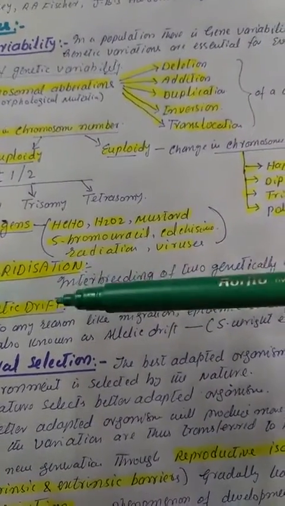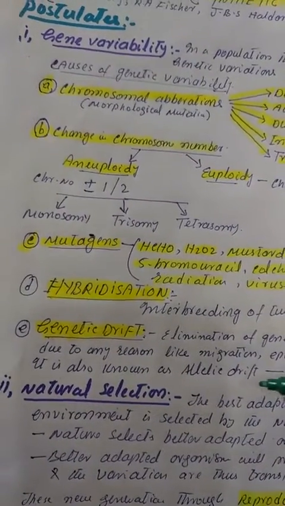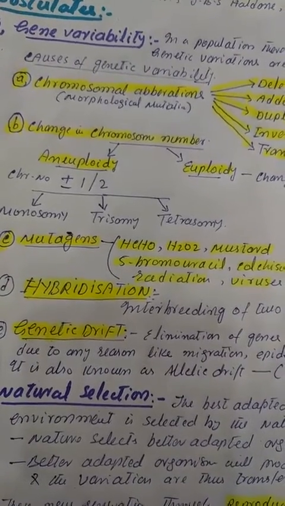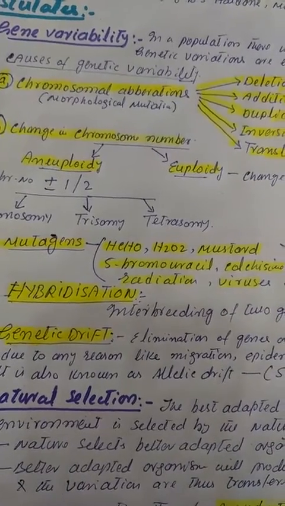It is also known as allelic drift. This term, allelic drift, was given by the famous scientist Sewall Wright, and is also known as the Sewall Wright effect.